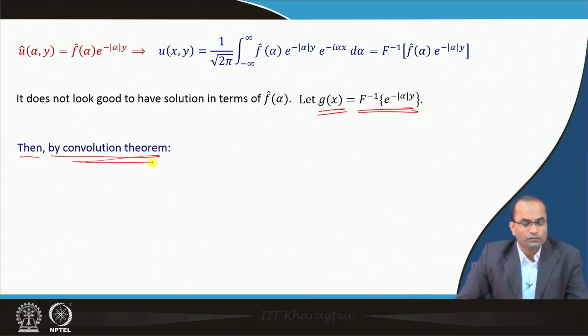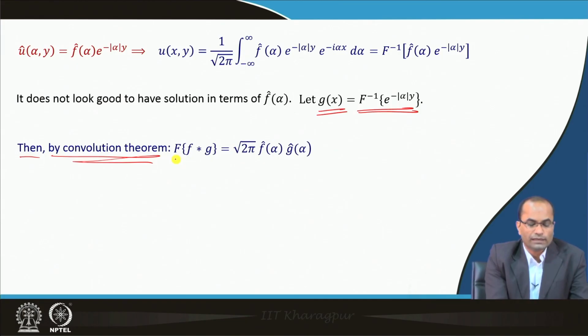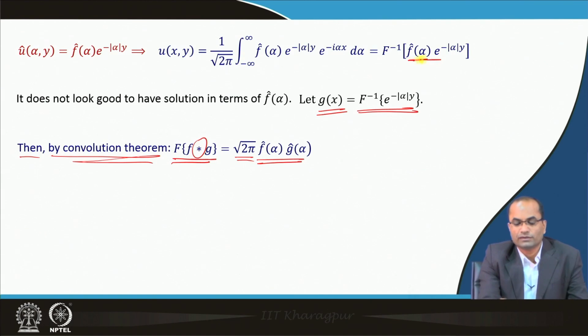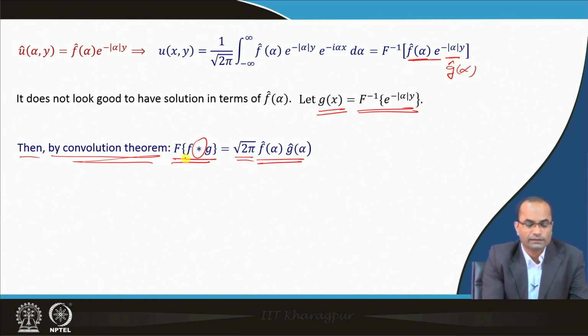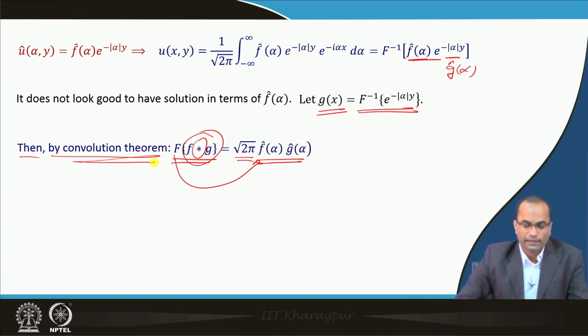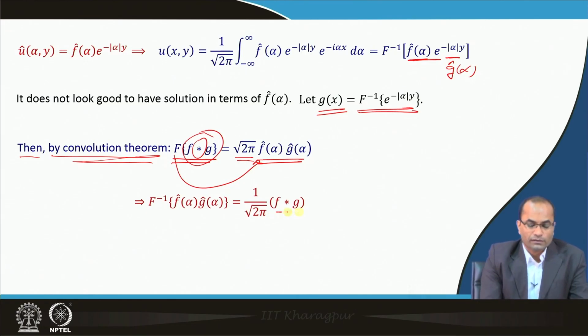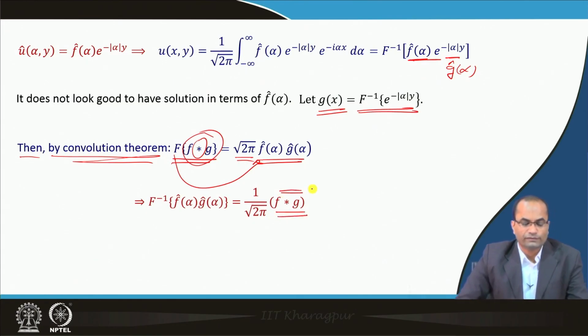Then by the convolution theorem, we know that the Fourier transform of f star g, a convolution of two functions, is square root 2 pi f hat alpha g hat alpha. That means we have this structure f hat alpha times g hat alpha, and this inverse will be just 1 over square root 2 pi times the convolution of f and g.